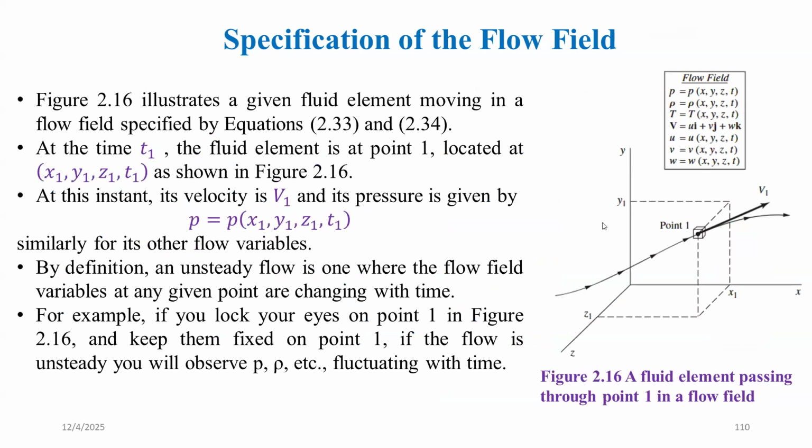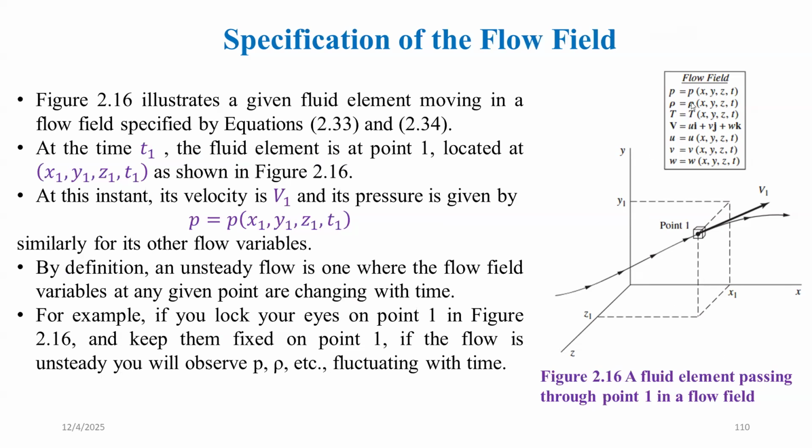You can take a fluid element moving with the fluid. You see, this is the approach of the infinitesimally small volume element. At some point P1, you can observe the velocity is tangent at that point, and x, y, and z are the Cartesian coordinates.